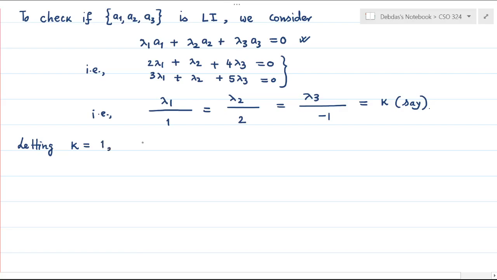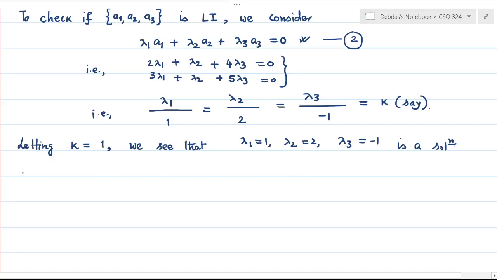Letting k equal to 1, we see that lambda 1 is equal to 1, lambda 2 equals 2, lambda 3 equals minus 1 is a solution to, let's suppose, this equation 2.